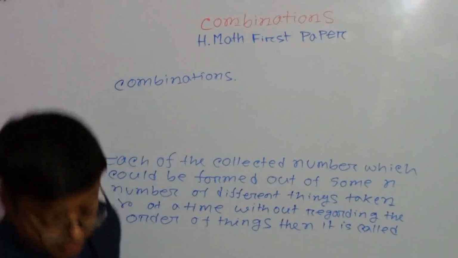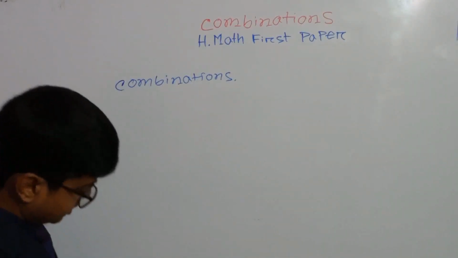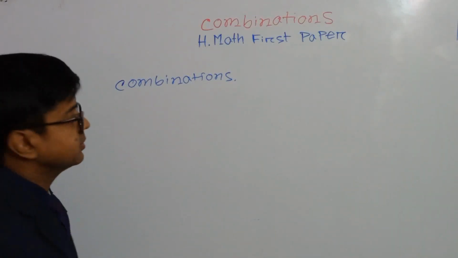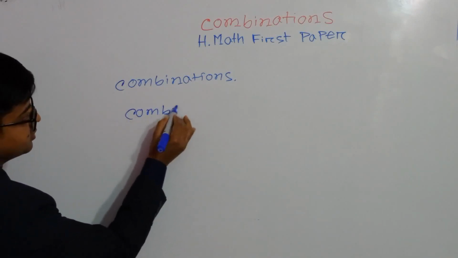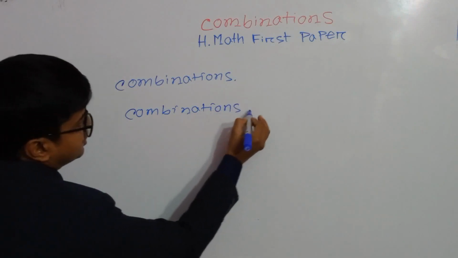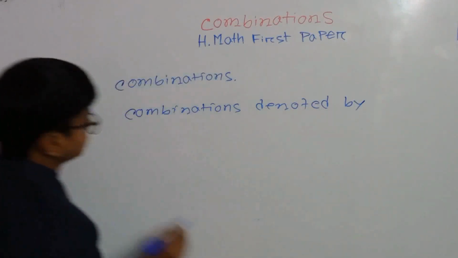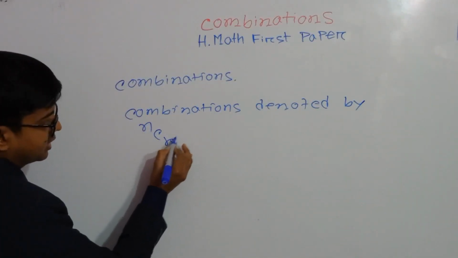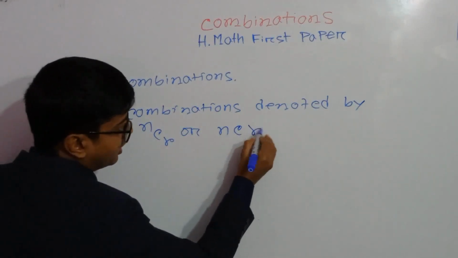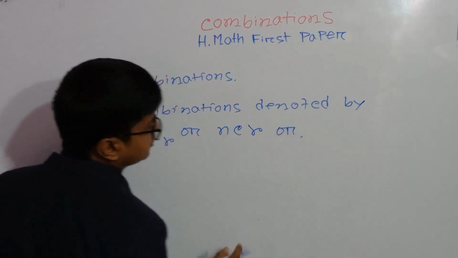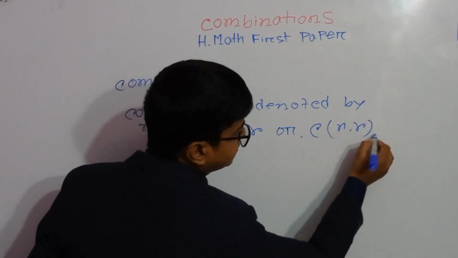My dear students, combination is denoted by nCr, or we can write C(n, r).